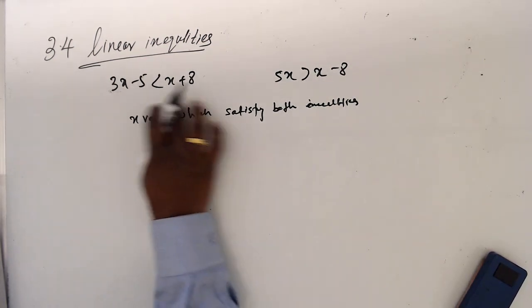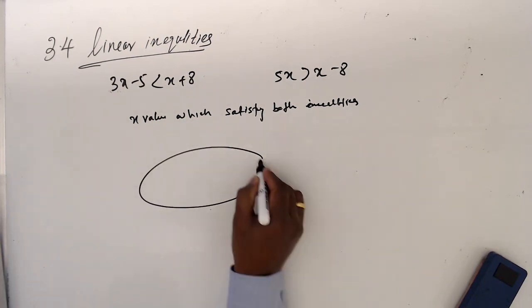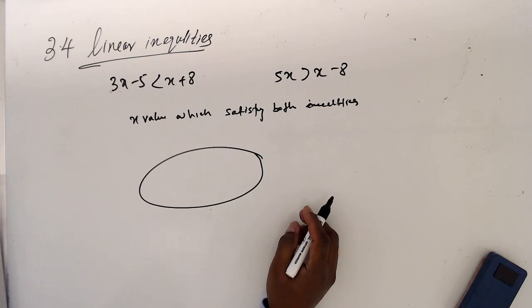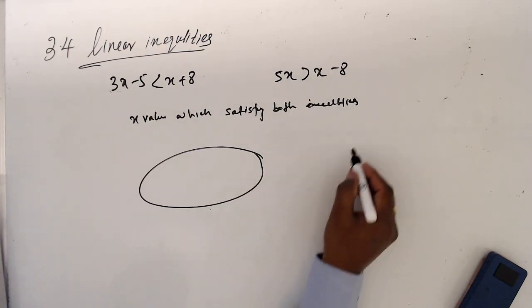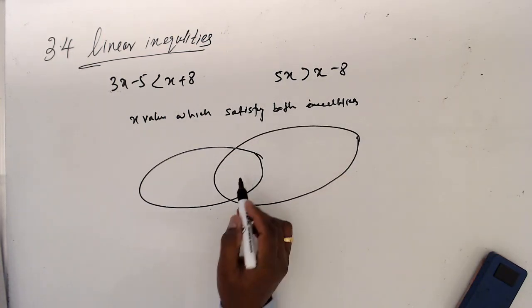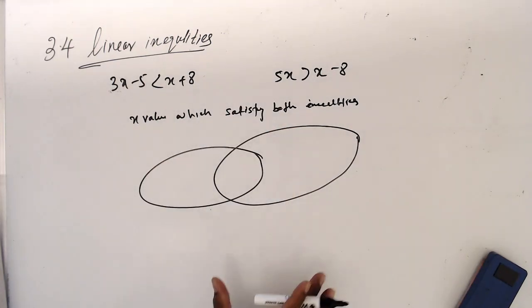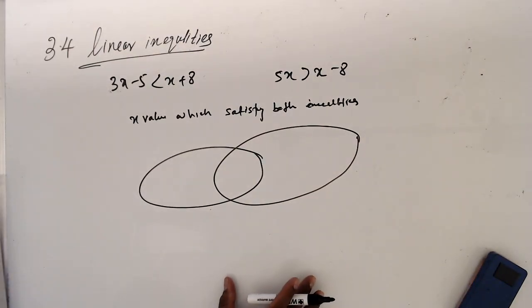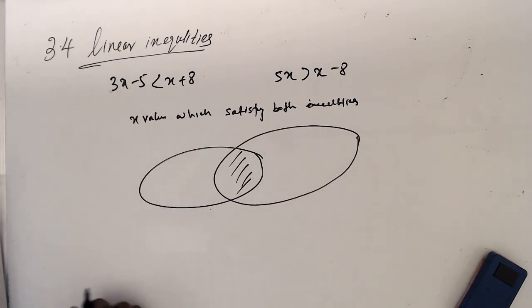For this inequality there is a set of values that satisfy it, and for this one there is another set. To satisfy both inequalities, we have to find the common area.